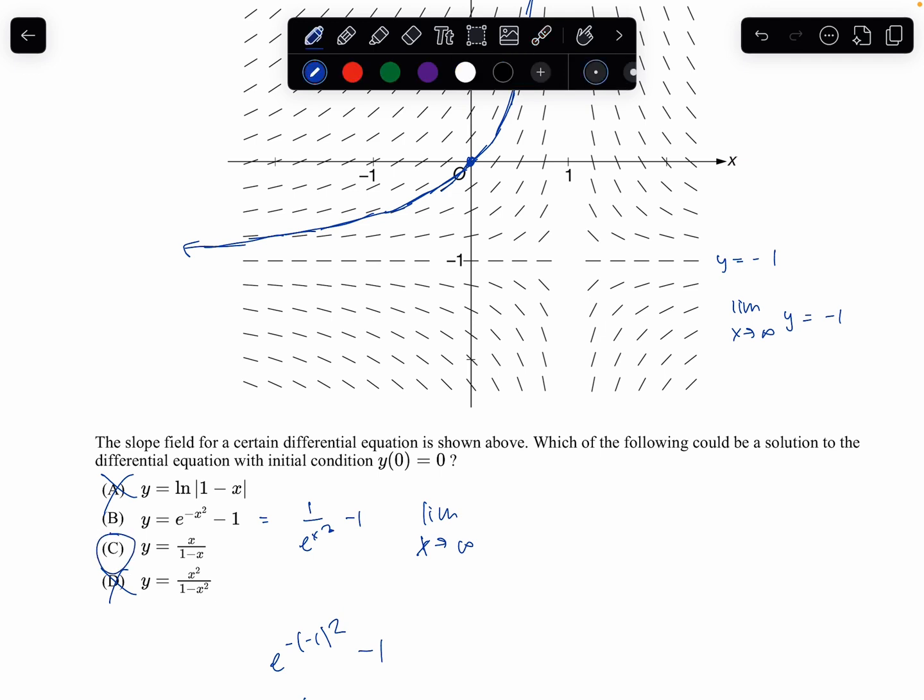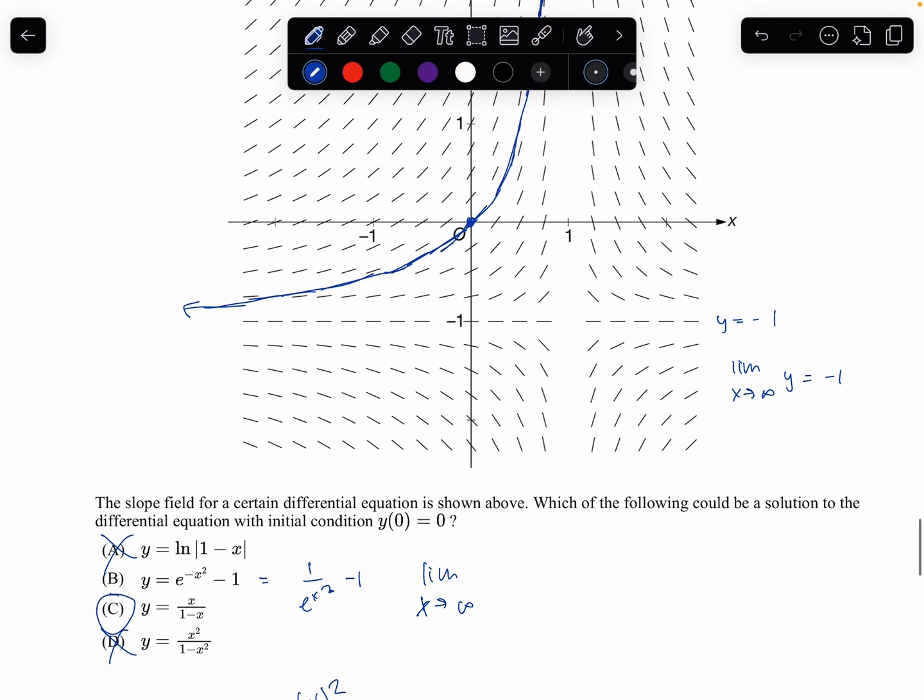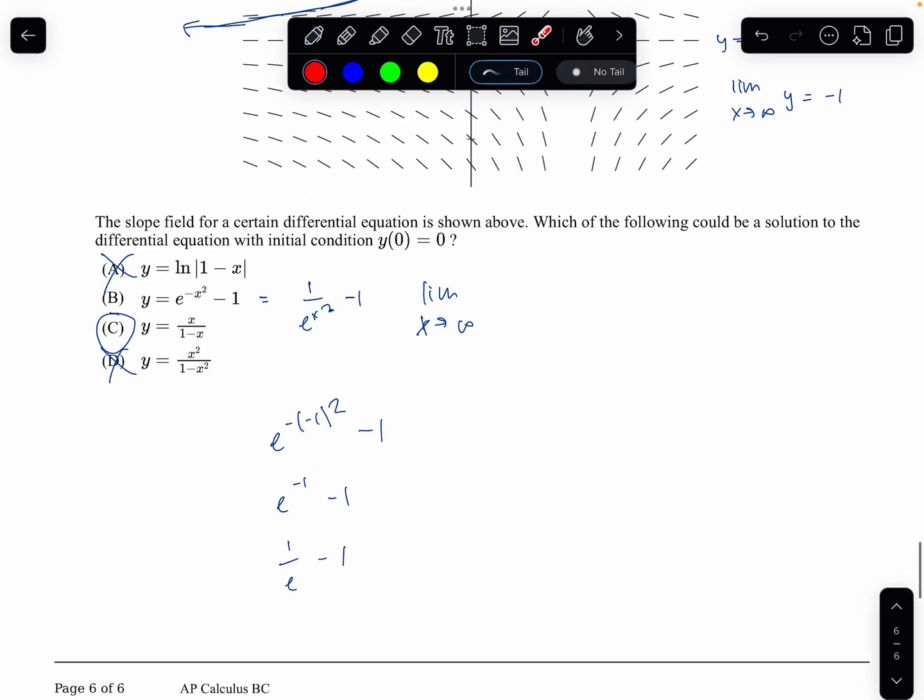Can't really think of too many other explanations. What about, let's do a limit as x approaches -infinity. What is the limit as x approaches -infinity of e to the -x squared minus 1?